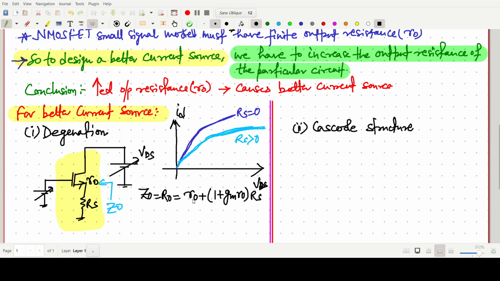So initially it is R naught, now it is increased. That's why this is for RS. So it will give a better current source. Is it okay? Clear this one?